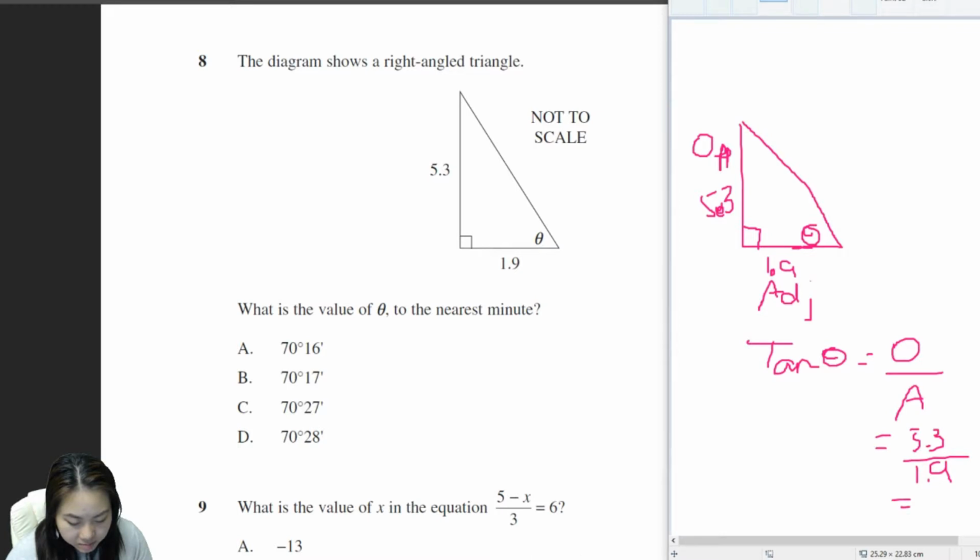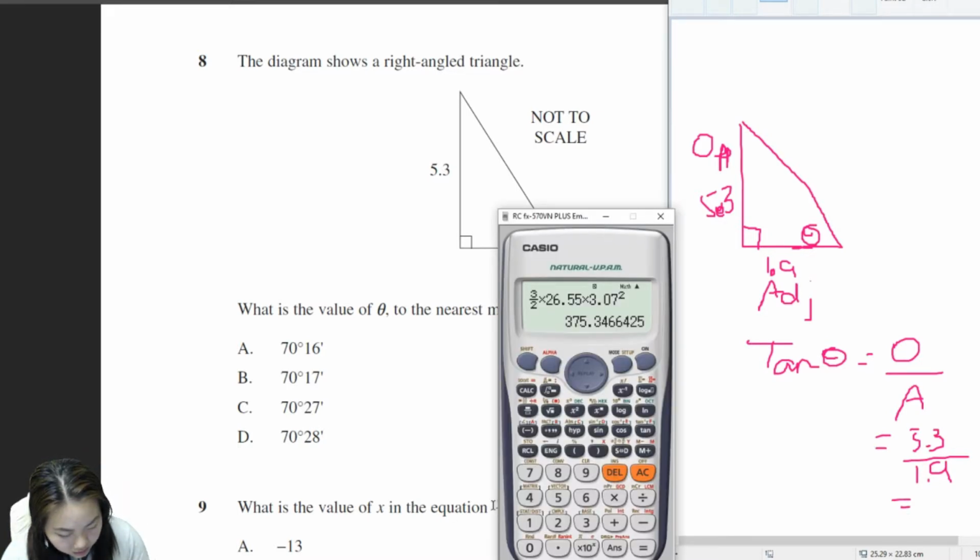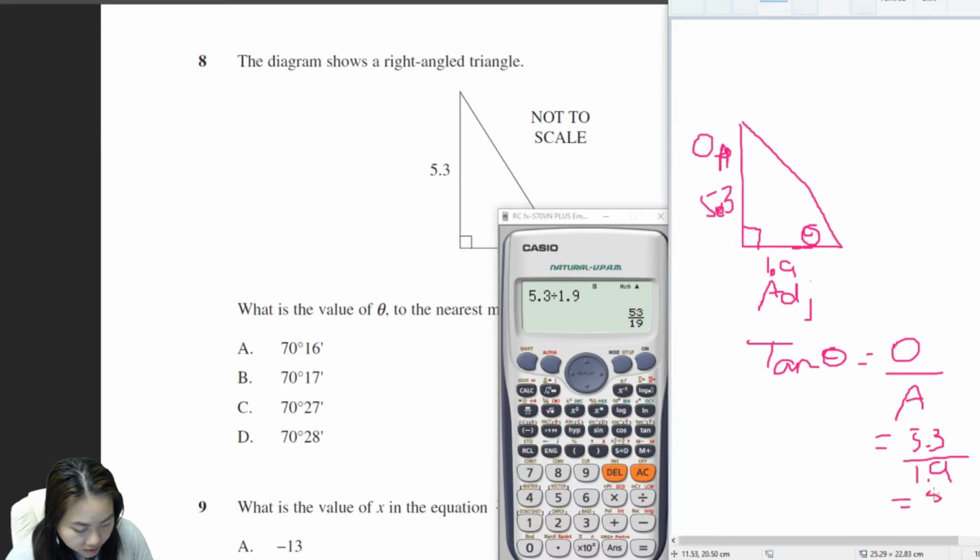Then you get 5.3 divided by 1.9, which is not pretty. I'll keep it as a fraction. 53/19. Sure, why not? I'll write it down. Now the question is, what is the value of theta?